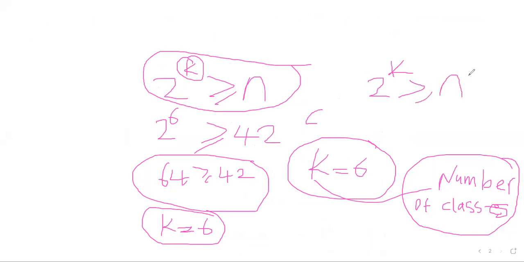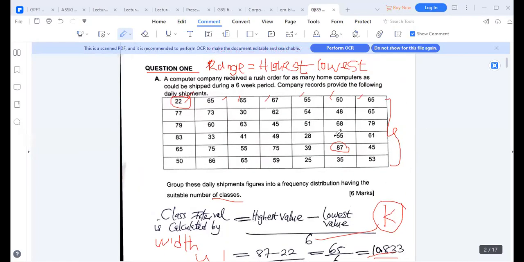So we have to find the number that first exceeds the number here. Our n was 42, the total measures that we have in the data set. So there are 42 numbers. So when we raise 2 to a certain number, it should give you 42, or the number that first exceeds 42.